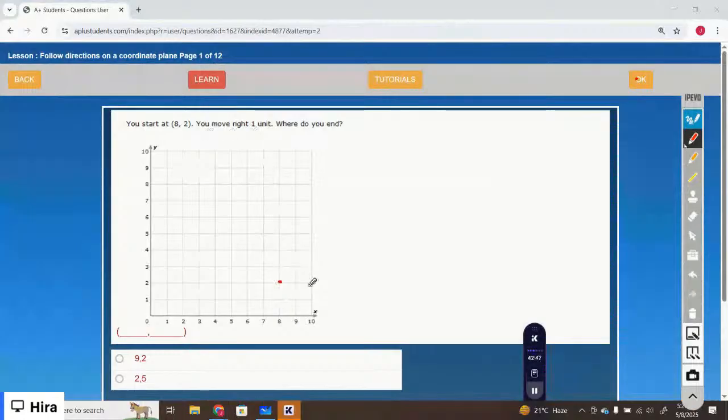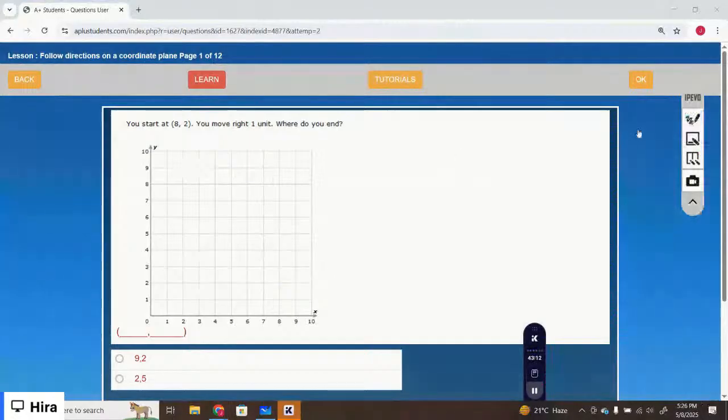You move right 1 unit, so you end up here. That is (9, 2). Option number 1 is the correct option.